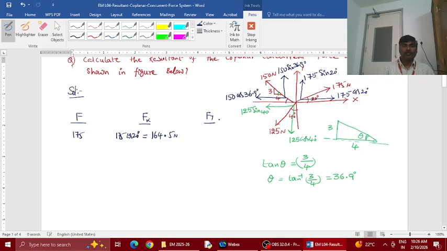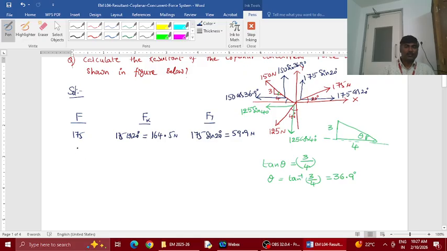Similarly, its y component is 175 sin 20, which works out to be 59.9 Newton. As both are towards the positive x-axis and positive y-axis, we represent them with a positive sign.